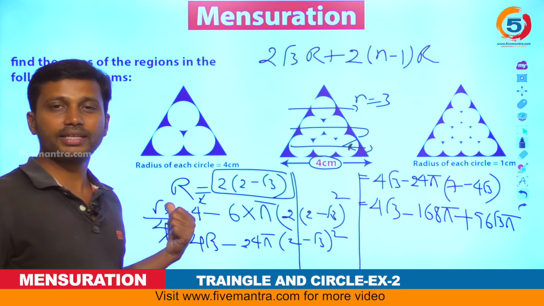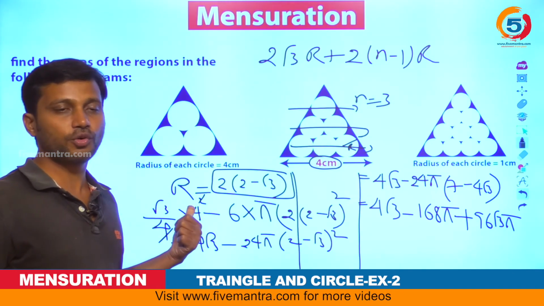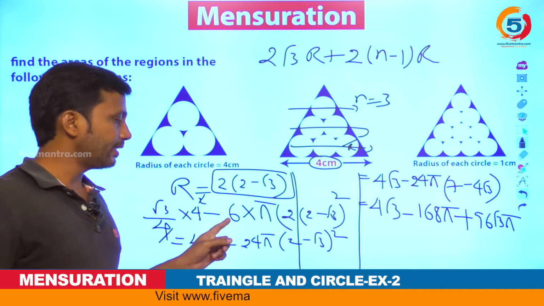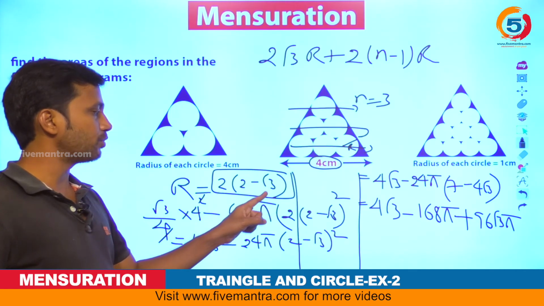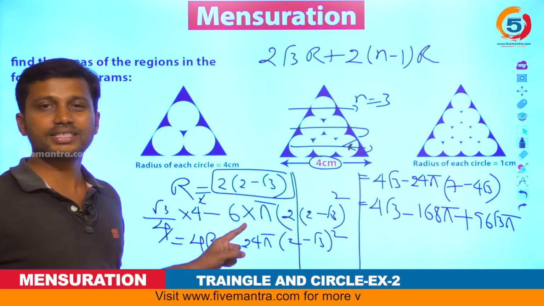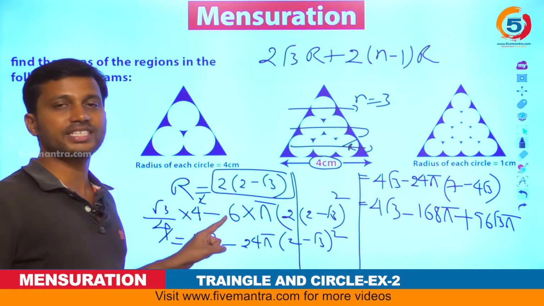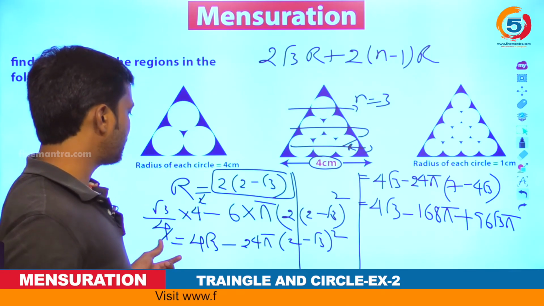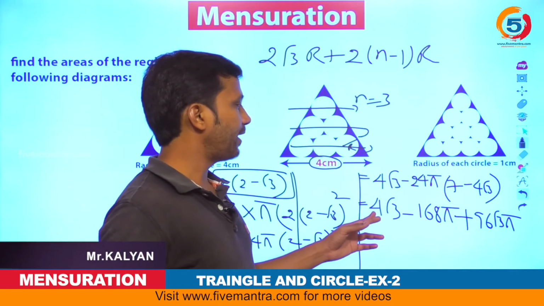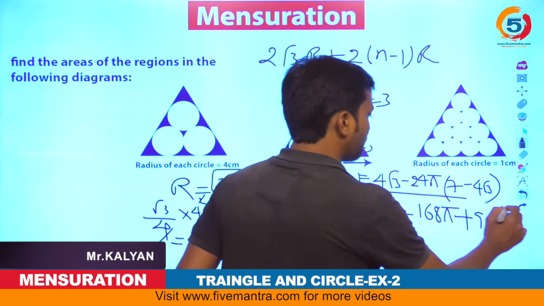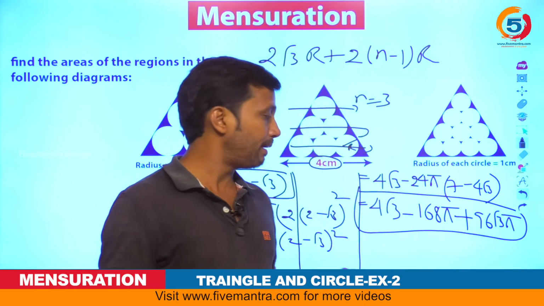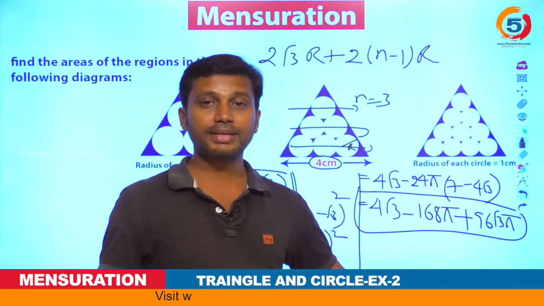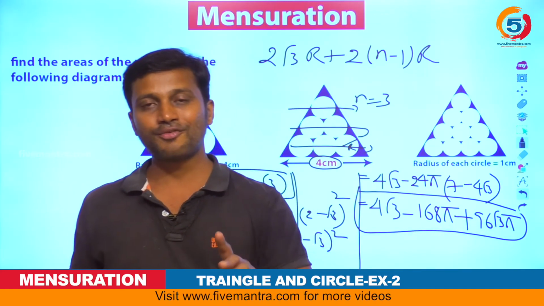The area of the equilateral triangle is root 3 by 4 a square, where a value is 4 and can be substituted, and each circle's area is pi r square, with r equal to 2 into (2 minus root 3), and 6 such circles should be subtracted. After further simplification, we finally got the answer: 4 root 3 minus 168 pi plus 96 root 3 pi.